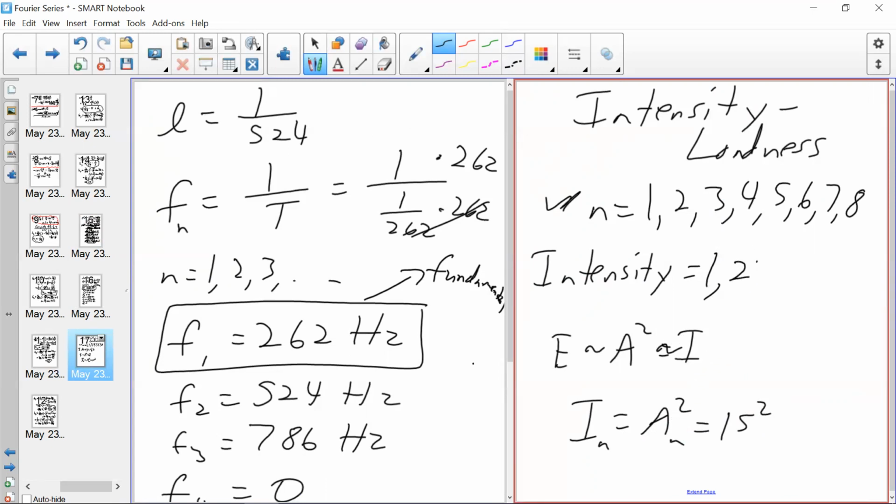So that'd be 225. The third one is going to be 1/3 squared, or 1/9. And then 4 doesn't exist. And then 5 is 1/5 squared, or 1/25. And then the sixth one is going to be 5 squared, which is 25. And then 1/7 squared is 1/49.